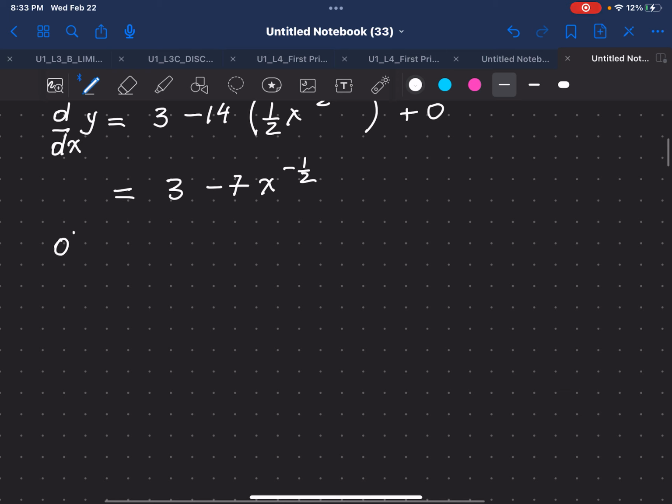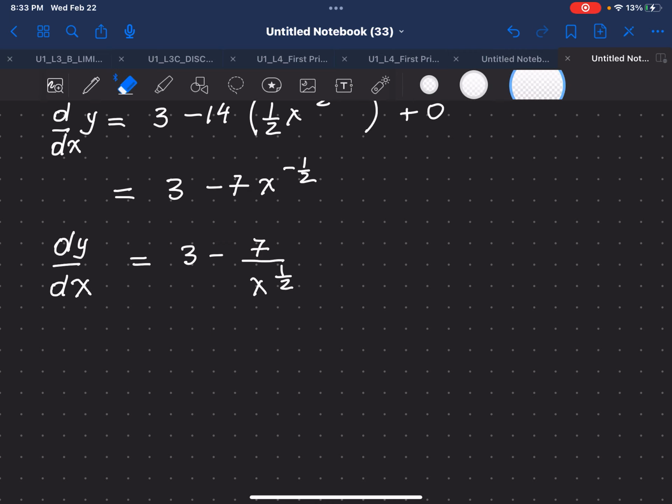I'll write it in a more simplified form with positive exponents. And this would be 3 minus 7 divided by x to the power of 1 over 2. And since we are evaluating soon, I would write x to the power of 1 over 2 better as the square root of x.